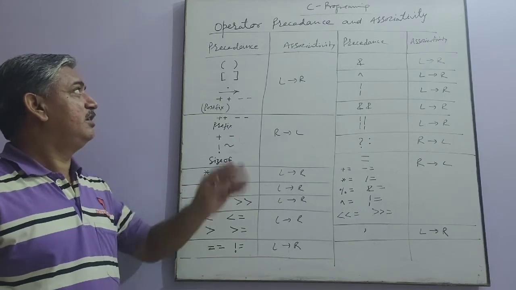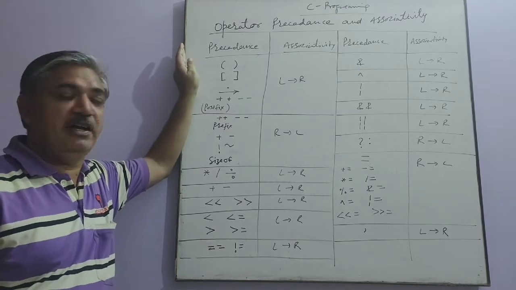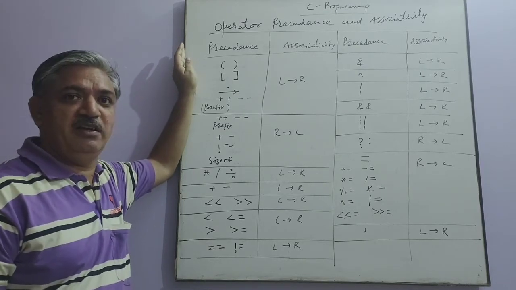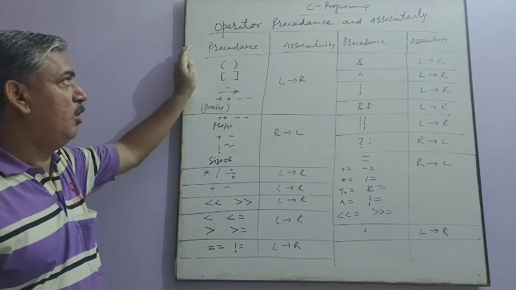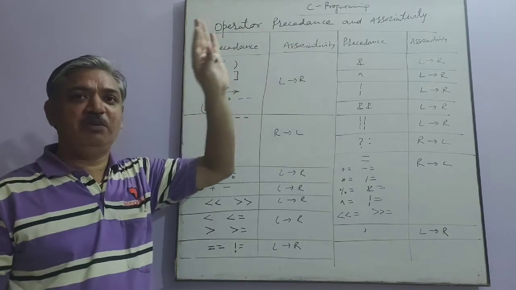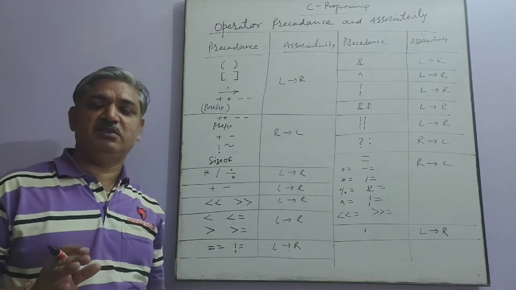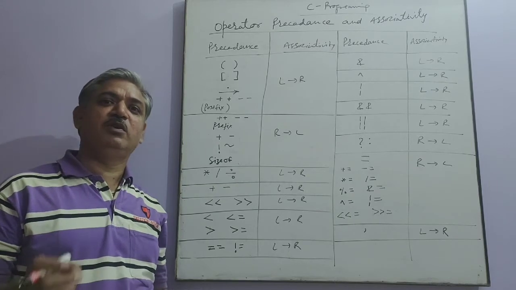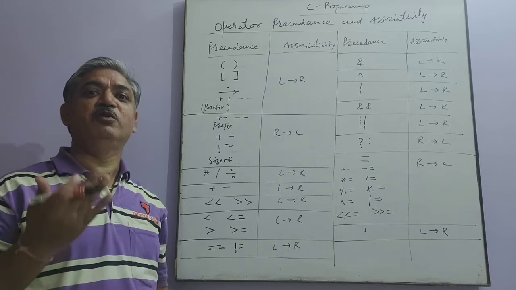Hello friends, today our topic is operator precedence and associativity in C programming. Operator precedence and associativity means the rules to evaluate expressions. It means which operator evaluates first.